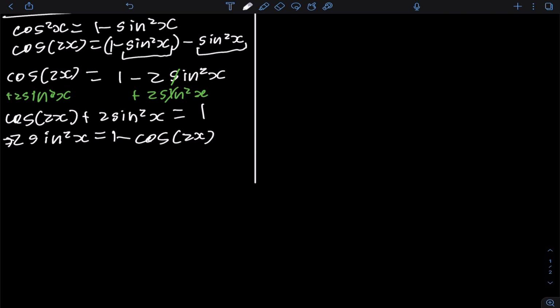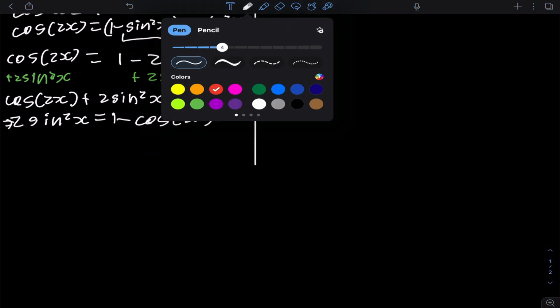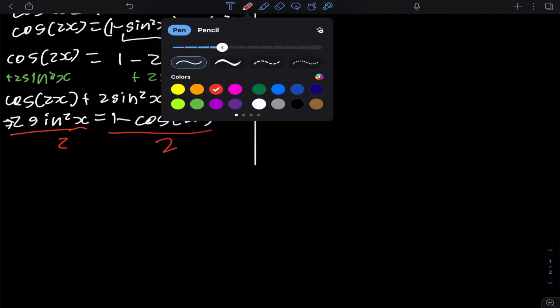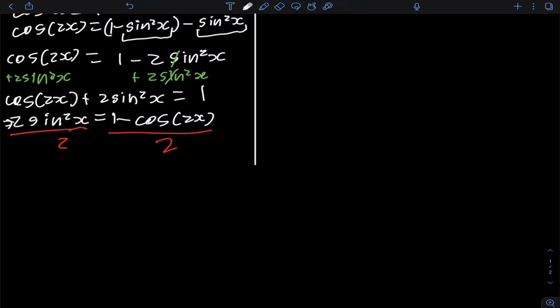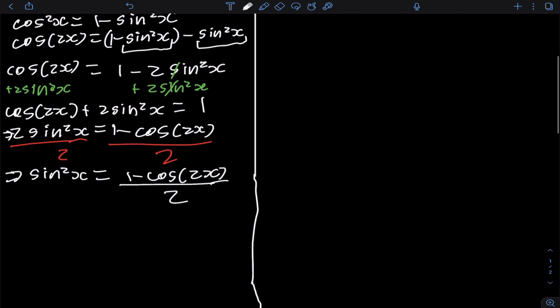Finally, to isolate sine squared x, we divide by 2, which is the same thing as multiplying by 1/2. So we divide by 2 on both sides, and we see that sine squared x is equal to 1 minus cosine of 2x all over 2. So what we've done is we've essentially derived the reduced power form for sine squared x.